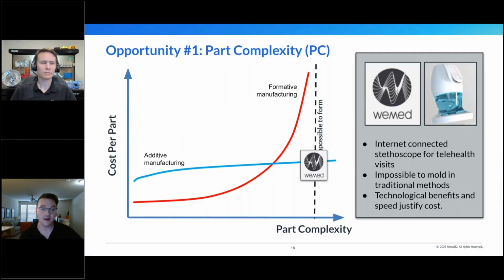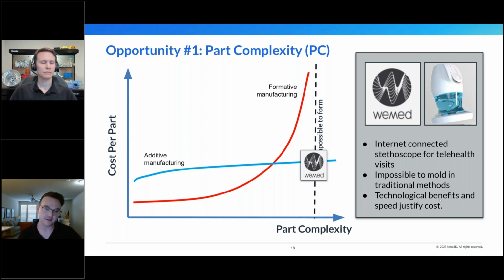Absolutely. So the first one, the one that people are most commonly turning to additive manufacturing for, and that'll feel really comfortable when it comes to production or end-use parts, is part complexity. So what happens when I design a part that is difficult to manufacture through other methods or can only be manufactured utilizing additive manufacturing?